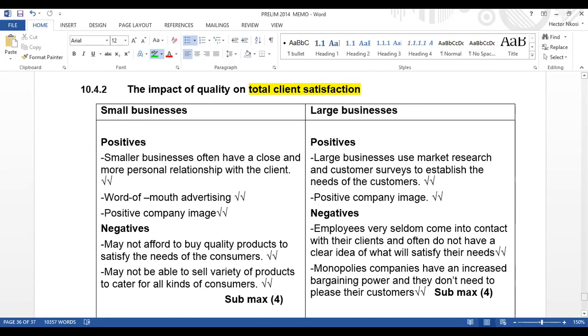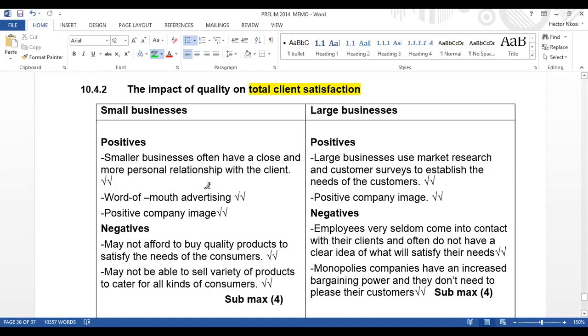Now we're looking at the impact of quality on total customer satisfaction. Let's look at the good things and the bad things under small businesses and big businesses. Under small businesses, what are the good things about total client satisfaction? Smaller businesses often have a closer and more personal relationship with the customer. Then there is word of mouth advertising.